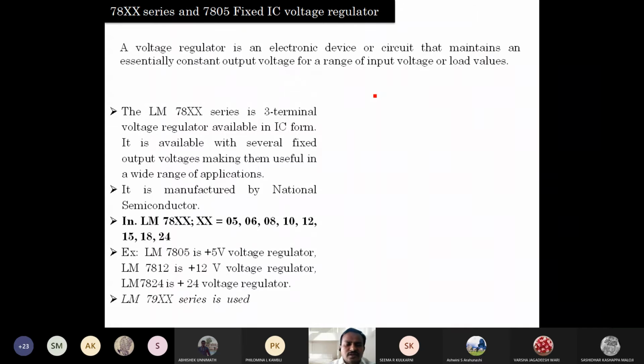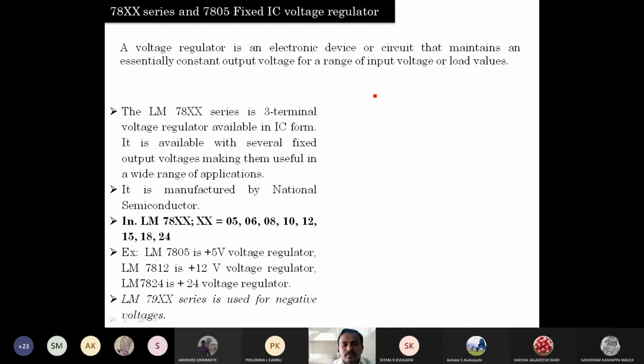The manufacturer is National Semiconductor, and the series available in the market for this voltage regulator is 78XX, where XX is replaced by 05, 06, 08, 10, 12, 15, 18, and 24.